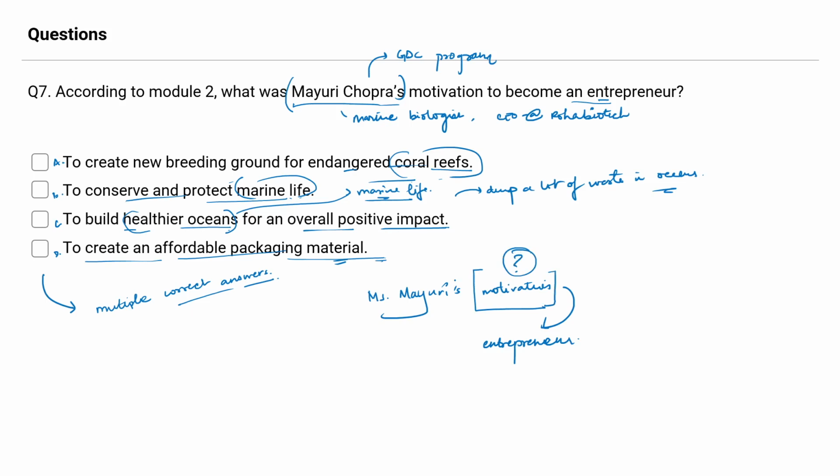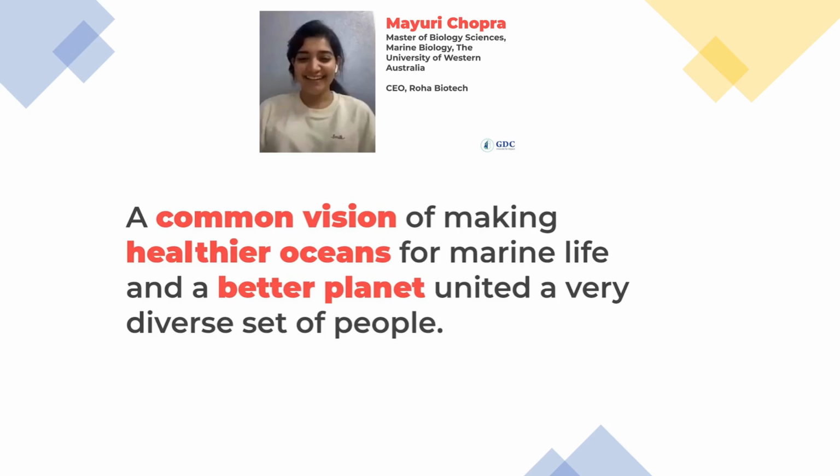Okay. If you do not have any votes, any thoughts, let's do a screen validation. So she is Miss Mayuri Chopra. She is a Master of Biology Sciences, Marine Biology, and currently she is pursuing her PhD from the University of Oxford, which I recently came across.